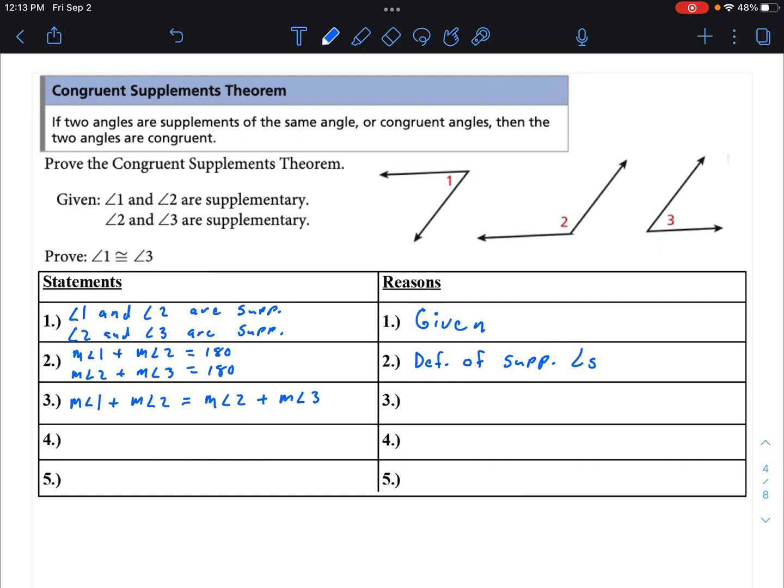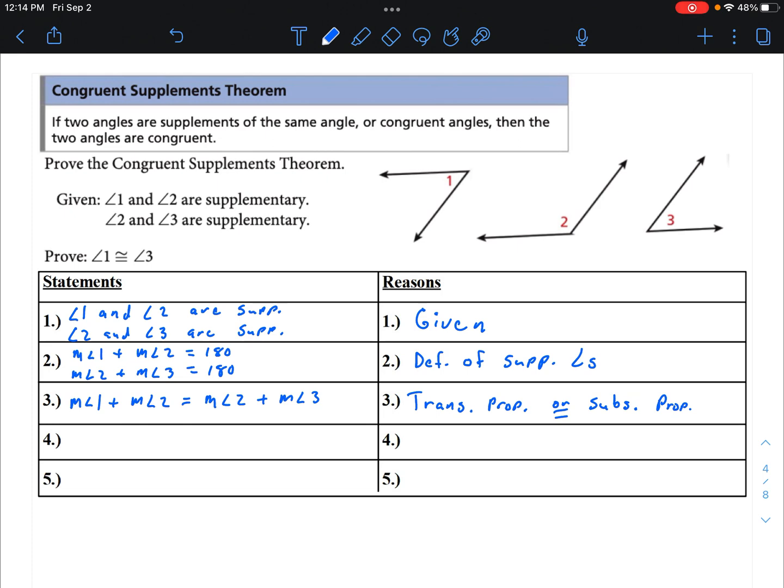Now you can call that cutting out the middleman 180, or you can say you just replaced 180 with measure of angle 2 plus measure of angle 3. So you can either say, for your reason, that that was the transitive property or the substitution property.